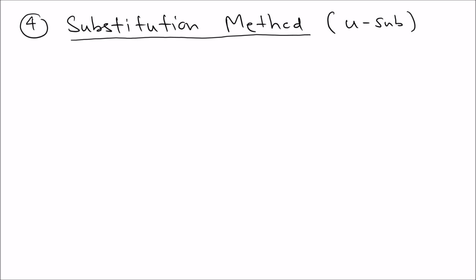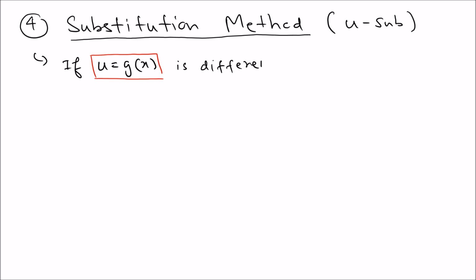So what we normally do is, if u equals g(x), that's what we normally call the inside function, and if u equals g(x) is differentiable, then what you can do is the integral.